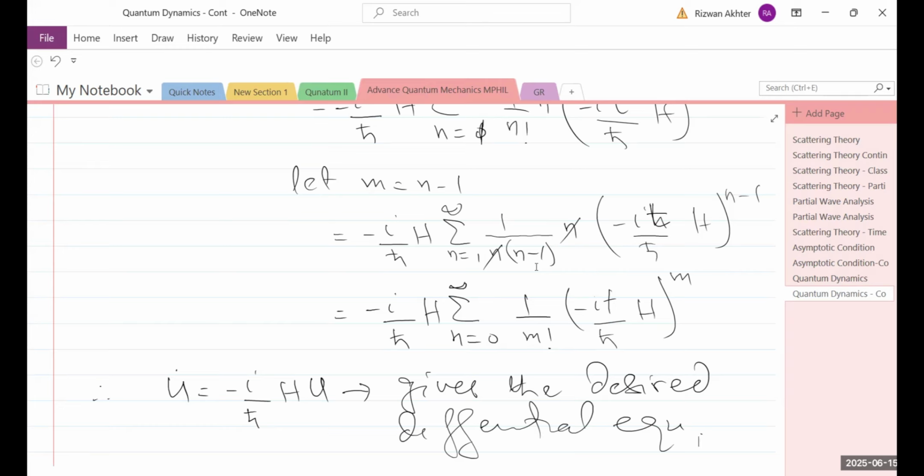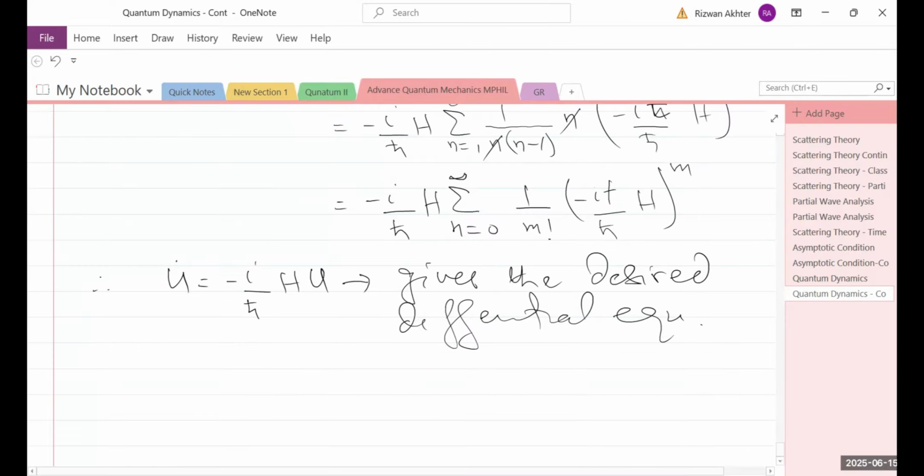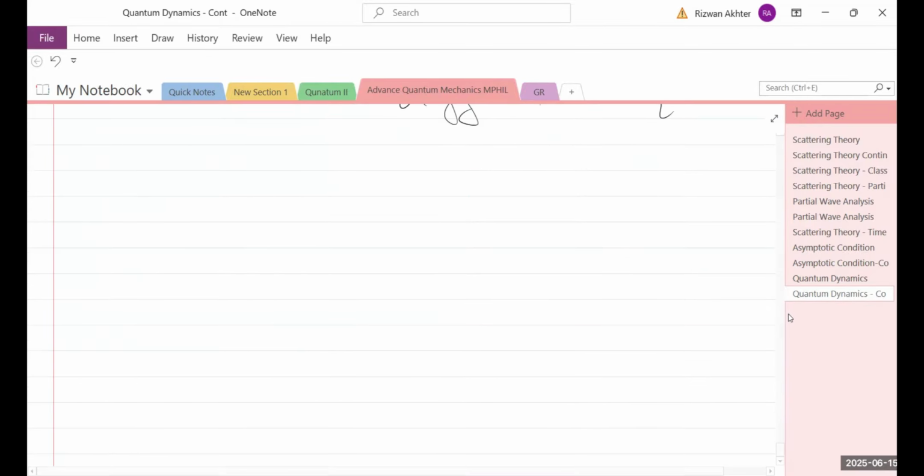This was the simplest case, when we said H is time independent. Now let's do the second case, where H is time dependent. If H is time dependent, what happens? So let's do the second case, number two.